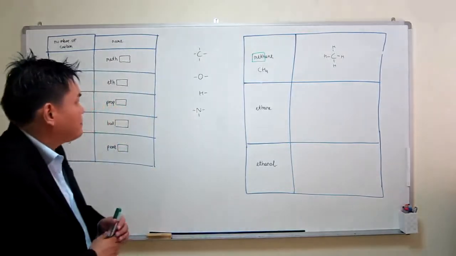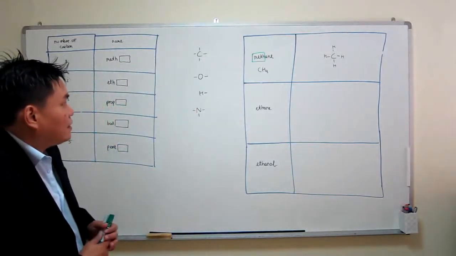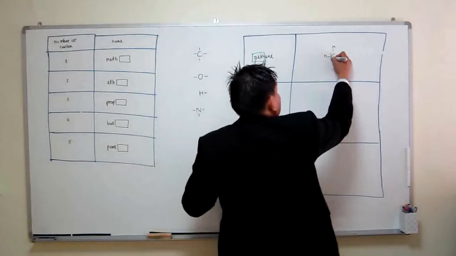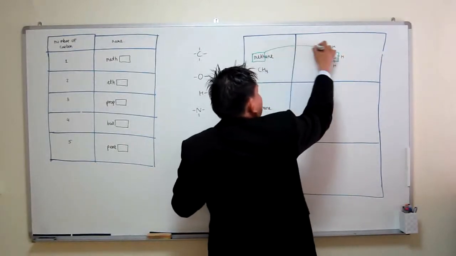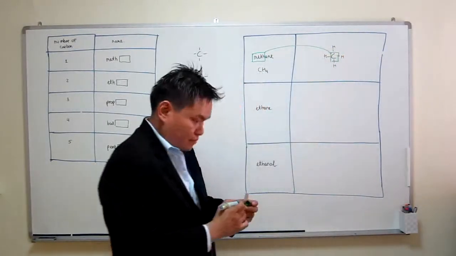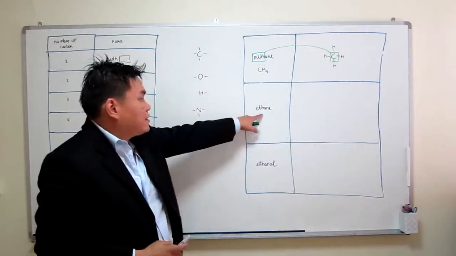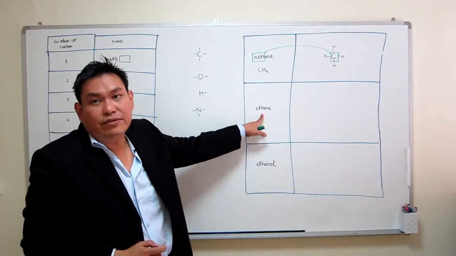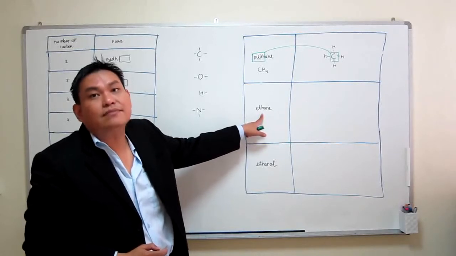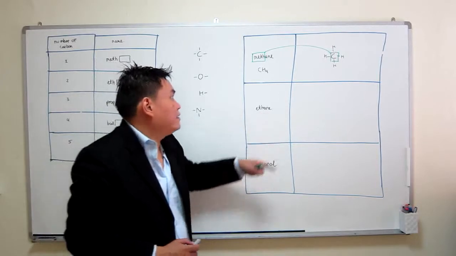Next example. The word meth means it contains 1 carbon. The next example is, you are asked to draw the structural formula of ethane.